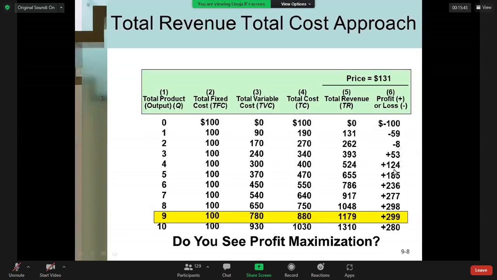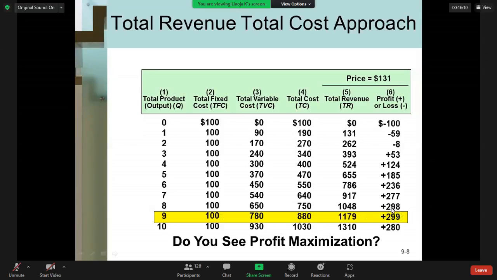Normally, you can skip these values because they are negative. Then among the positive values also, you can't assume the last one is the greatest. That is a wrong approach, because up to a certain limit profit will be increasing, then after that it is going to reduce. So you see, at the ninth quantity only is profit maximized.